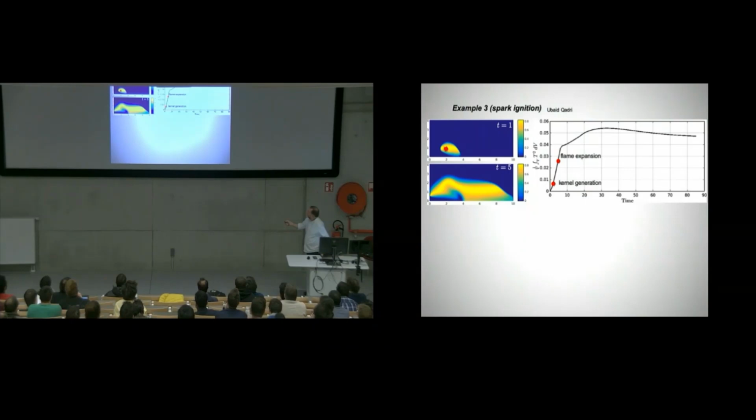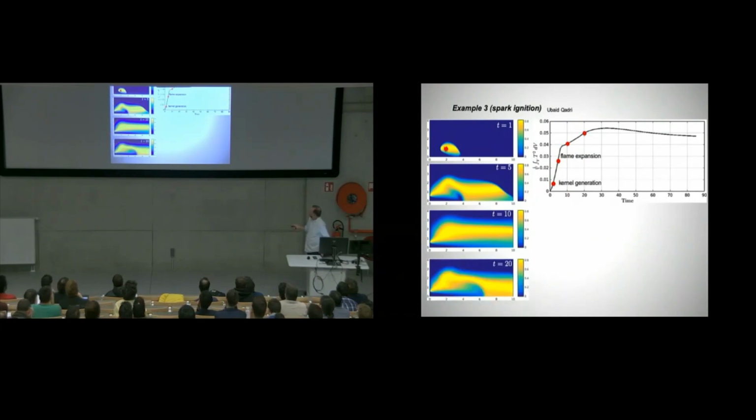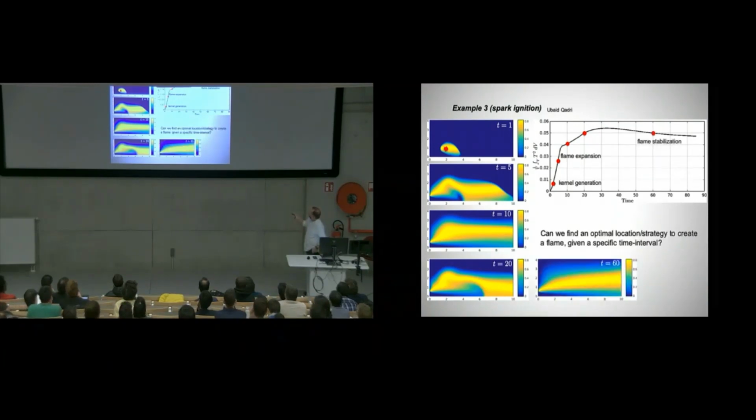Okay, so it attaches here, and then it blows to the right, okay, until it reaches the domain, okay, flame expansion, and then it sort of bounces back, and then eventually the flame stabilizes and settles into a nice flame, back reattached to the nozzle, okay.